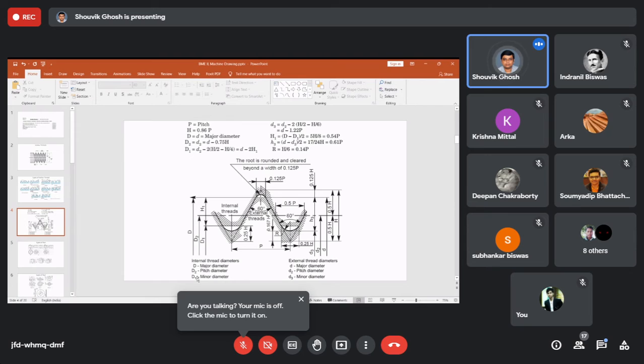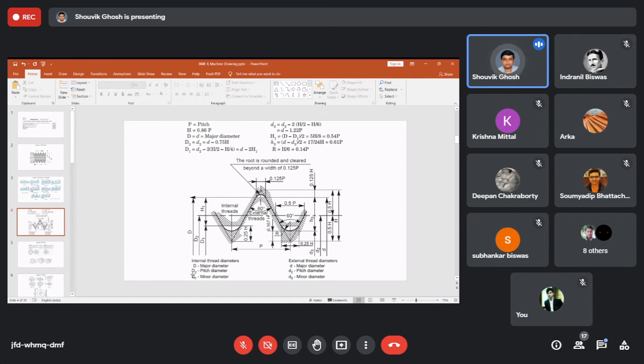Capital D indicates you are calculating for internal threads. So as you can see, the pitch diameter, small d2 or capital D2, is equivalent to the major diameter minus 0.75 times h of this total length.